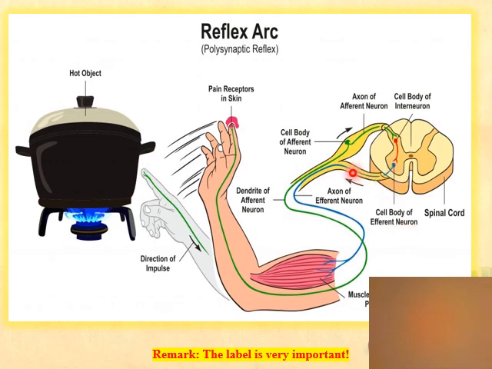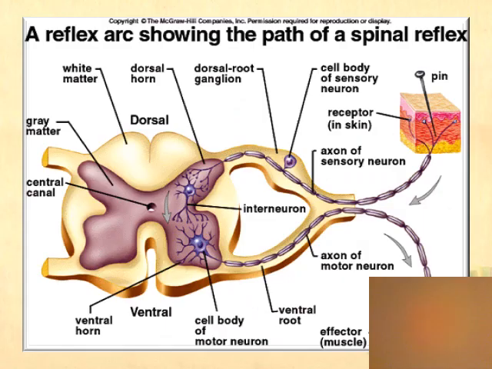Then it will move to the axon of the efferent neuron, which is represented by blue color, in order to reach the muscle. Once it reaches the muscle, you see the hand will be pulled away in order to protect us from damage. So the reflex action has a great advantage: it protects our body from damage.